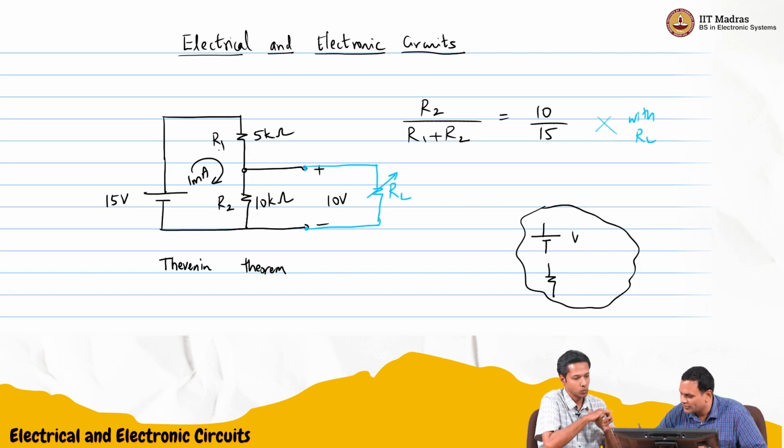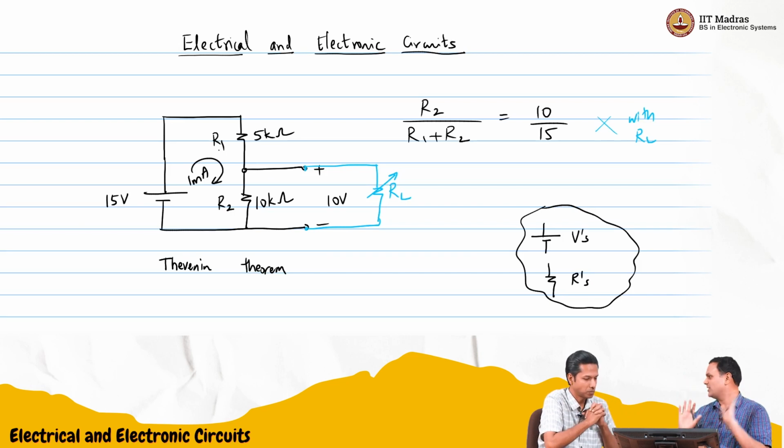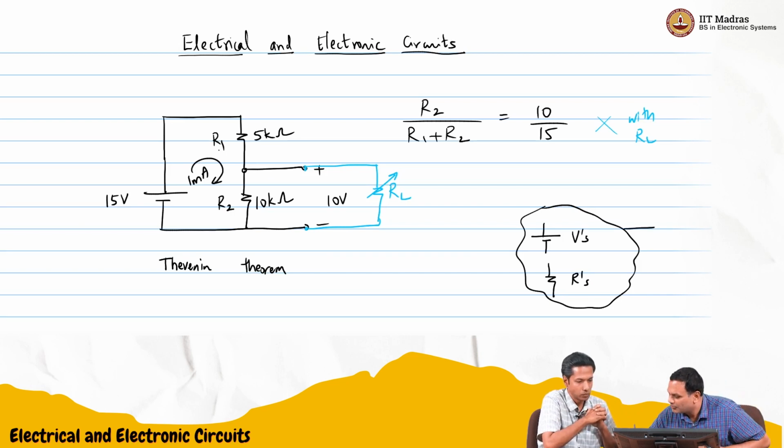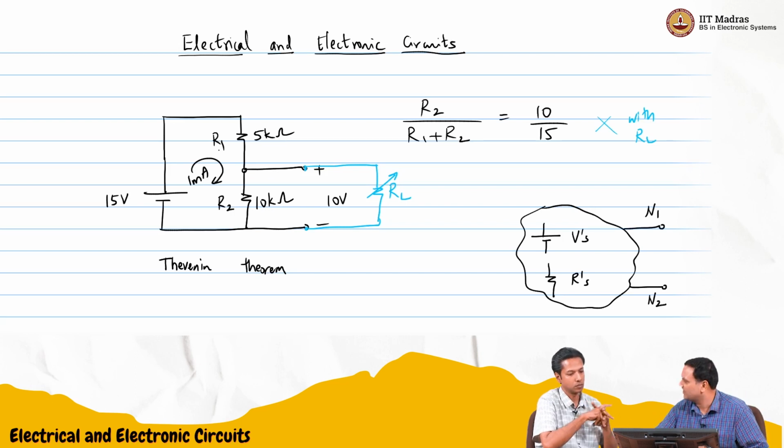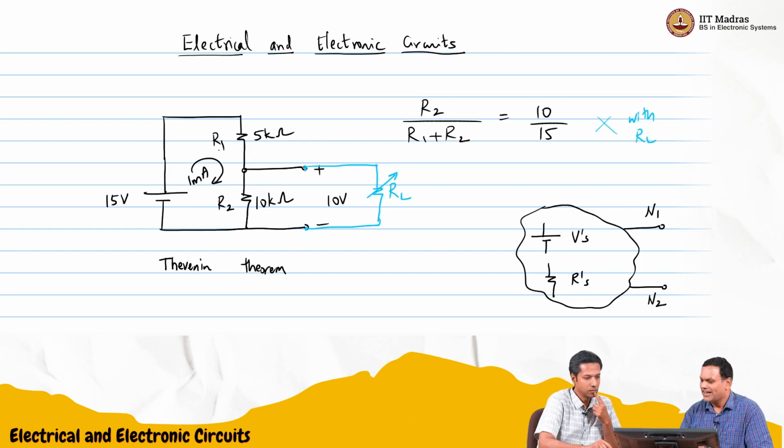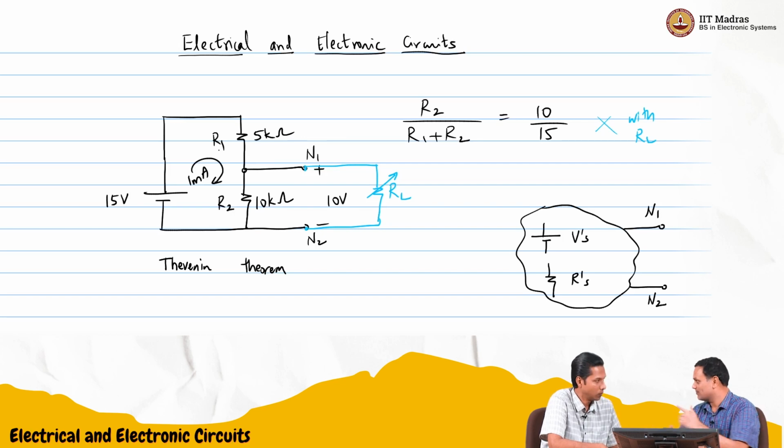So lots of voltage sources and lots of resistors connected in some fashion, any fashion, and let us say across some two nodes, N1 and N2. These are two nodes inside the network. Like here we have taken out two nodes across R2. It is almost like this is N1 and this is N2, and you want to use those two nodes to connect a load resistance somewhere else.